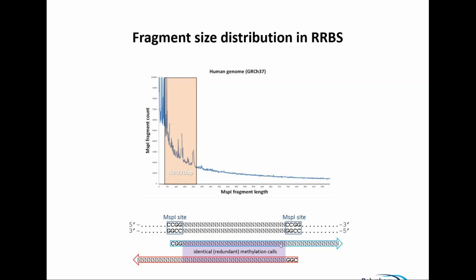If you sequence longer than that, then you sequence the fragment and then you sequence into the adapter sequence, so the vast majority of all reads will only be adapter. And if you then on top of that do paired-end sequencing, you sequence the second strand, which has already been covered completely by read 1, again in the other direction, so this will all be ignored, and you will waste a lot of money, and it will take much longer to analyze.